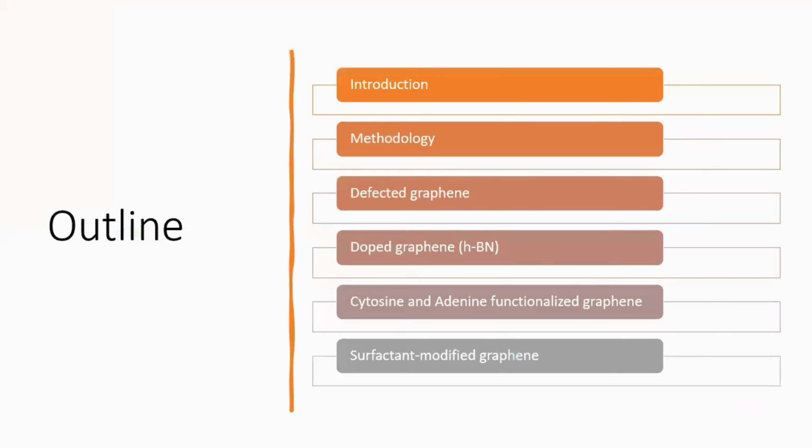In this talk, first we will discuss a short introduction about the voltammetric methods, and then we will discuss the carbon-based electrodes. At the end, we will discuss some of the important concepts of the density functional theory to understand the electron transfer process.